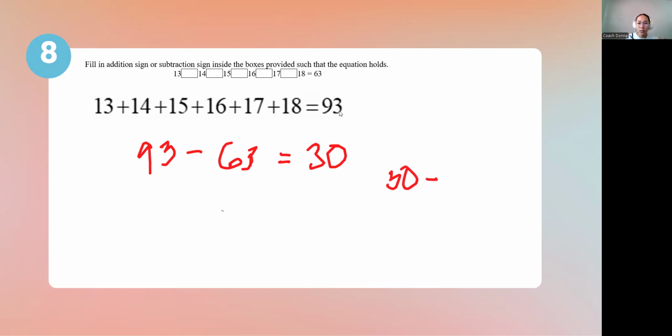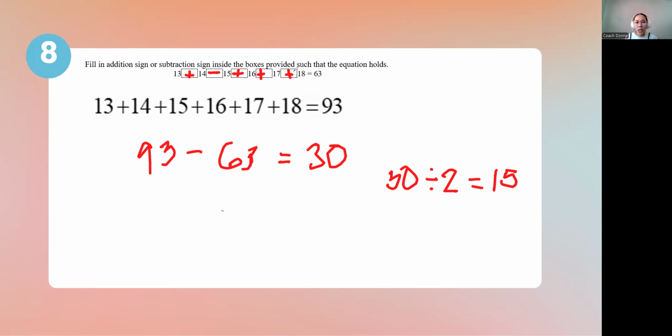Let's check the closest value. 30 divided by 2 is equal to 15. So, the value that we're gonna put a subtraction sign is actually 15. Right here. So, that's plus, minus, plus, plus, plus.